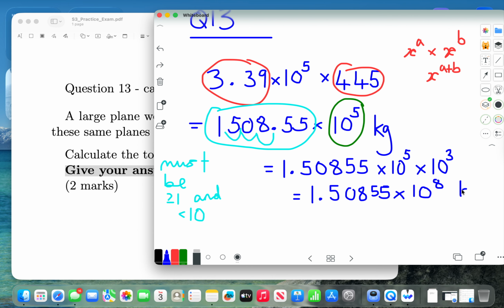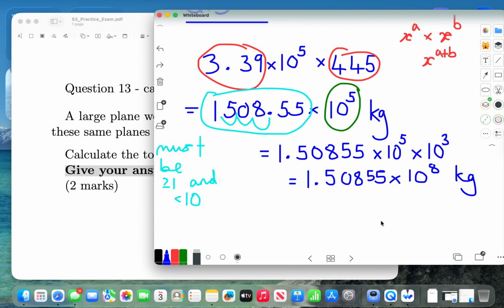kilograms. Let's round it. I'm going to go with one more significant figure than the question gives. So I'm going to round it off to 4 significant figures.